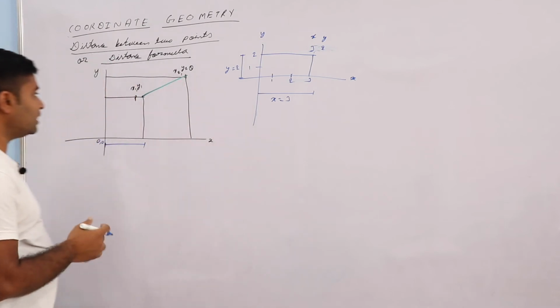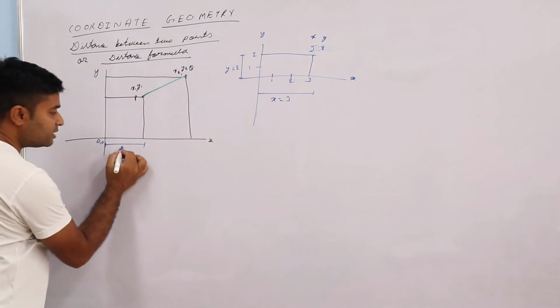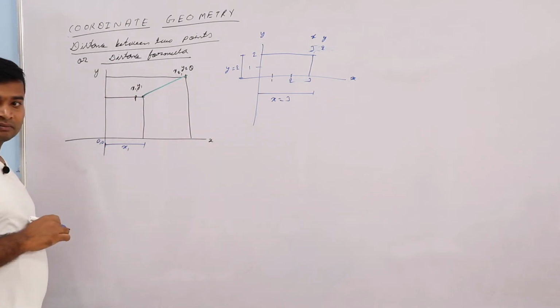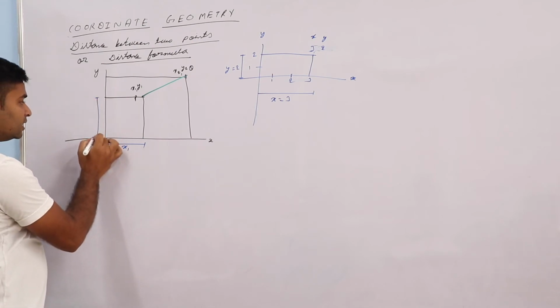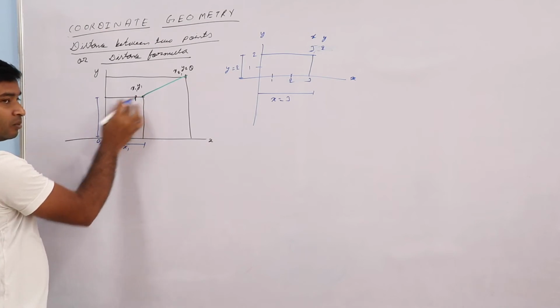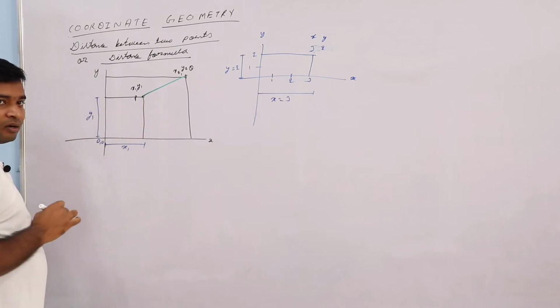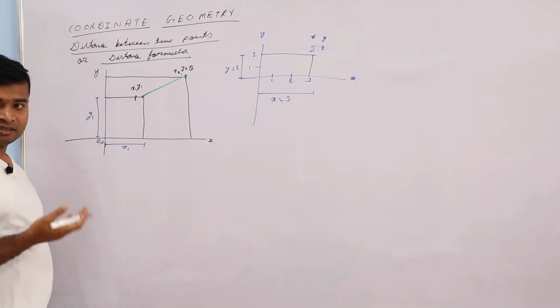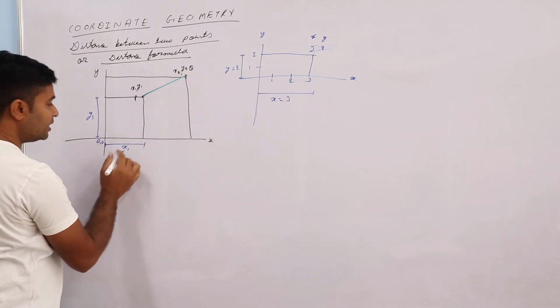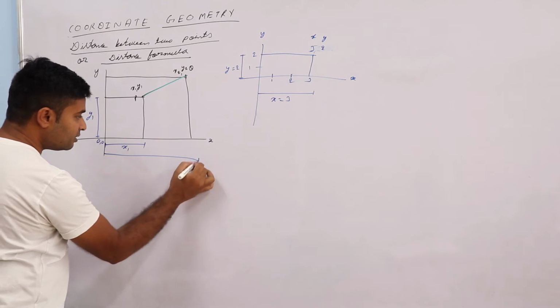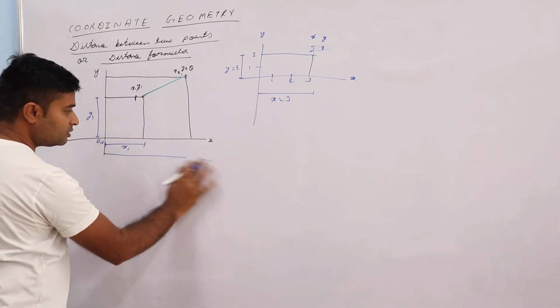So same like that, can I say here to here distance is x1? And here to here distance is y1. True? Distance is x1, distance is y1. Same thing we think for this coordinate. From here to here it should be a straight line.